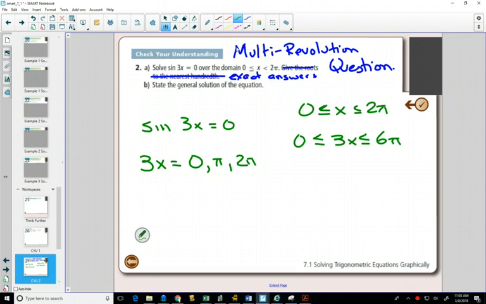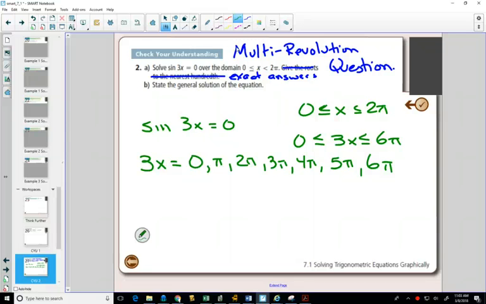The second time around the circle I'll also get 3 pi and 4 pi. So I have to add those. The third time around the circle, I'm going to get 5 pi and 6 pi. So I'm going to add those as well.